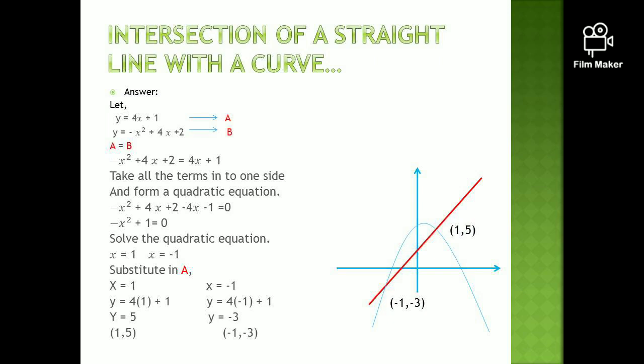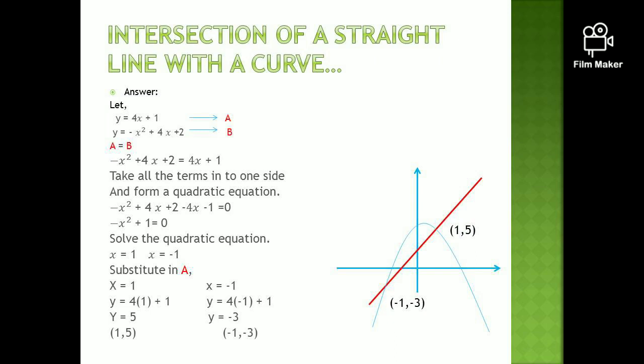Since both equations are y equals, we can equate them, and you can write minus x squared plus 4x plus 2 equals 4x plus 1. Then take all the terms to one side. I prefer to take the right hand side terms to the left hand side and form a quadratic equation.